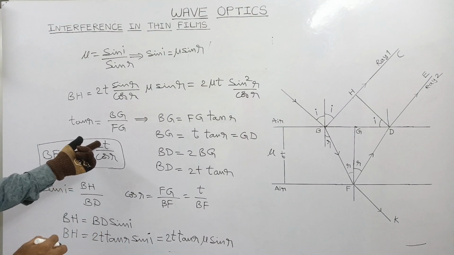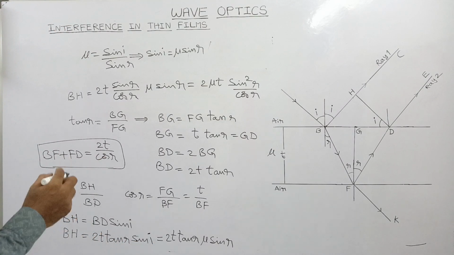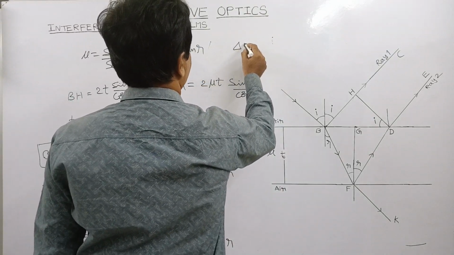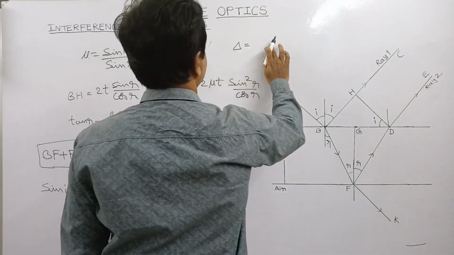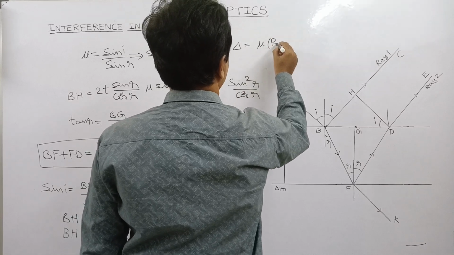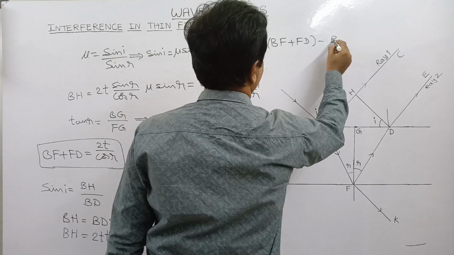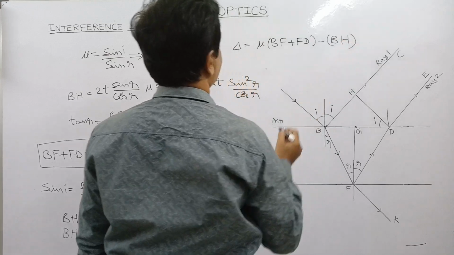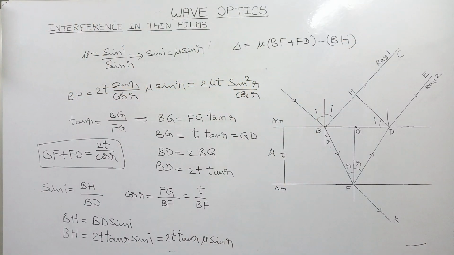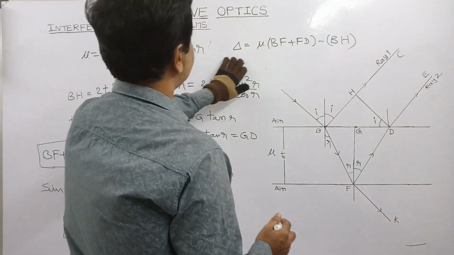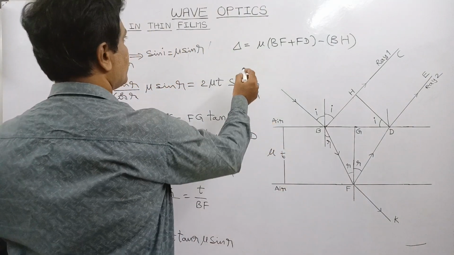BF is equal to 2t by cos r. We have written at the beginning that the optical path difference is equal to mu into BF plus FD minus BH. So we will substitute these two terms in this equation.